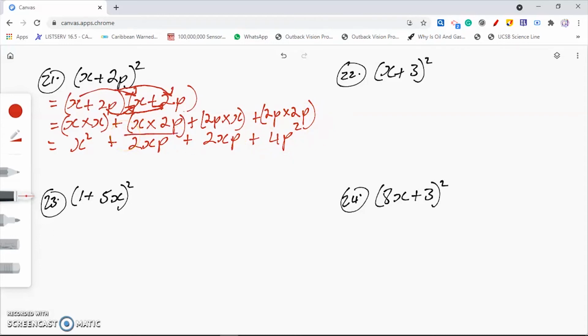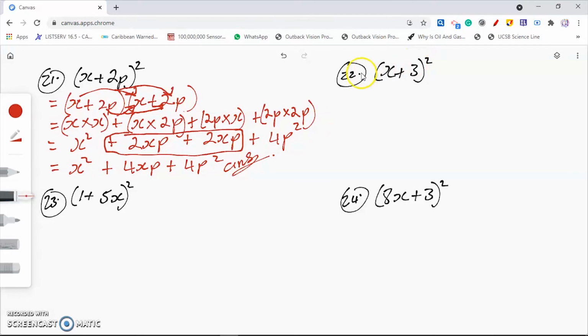Then we could simplify the expression in the middle: positive 2xp plus positive 2xp is positive 4xp. So we get x squared plus 4xp plus 4p squared. And that's our answer there.